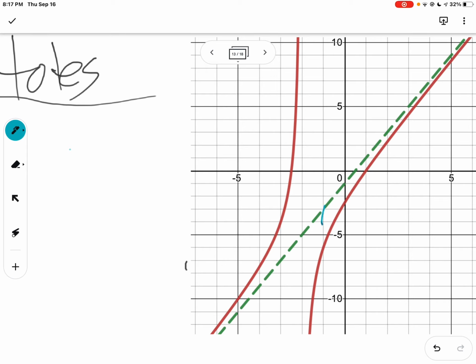Here's the oblique asymptote in green, and I'm looking at the distance between the curve, the function, which is in red, and the asymptote, which is in green. What's true about the distance between the asymptote and the curve as we go further and further to the right? What happens?